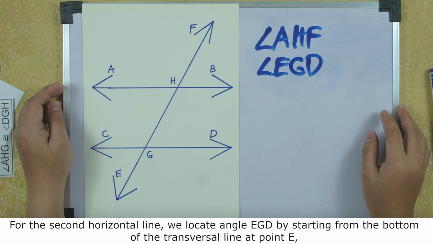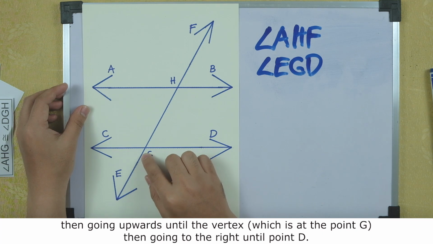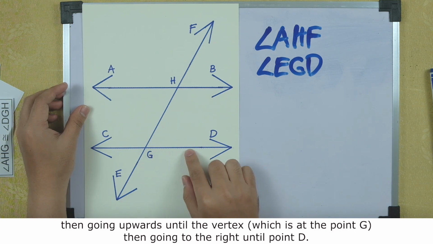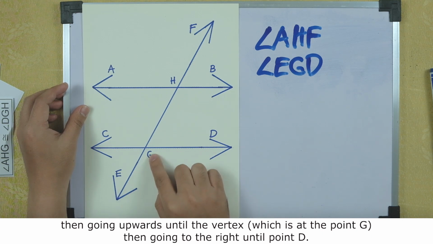For the second horizontal line, we locate angle EGD by starting from the bottom of the transversal line at point E. Then we go upwards until we reach the vertex, which is at point G. Then we go to the right until we reach the point D. So this is angle EGD.